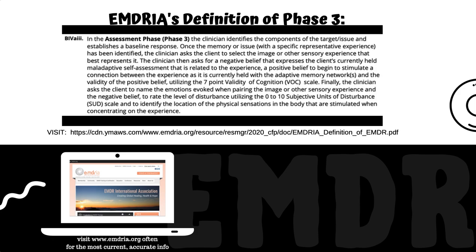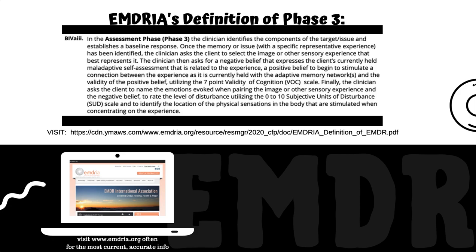In the assessment phase, phase 3, the clinician identifies the components of the target issue and establishes a baseline response. Once the memory or issue with the specific representative experience has been identified, the clinician asks the client to select the image or other sensory experience that best represents it.